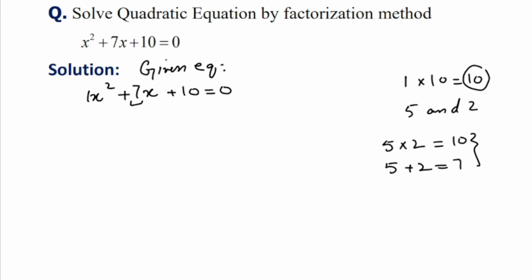So the middle term of this equation can be written as 5x plus 2x, and the first term and the last term remain as they are. The last term is 10, equal to 0.